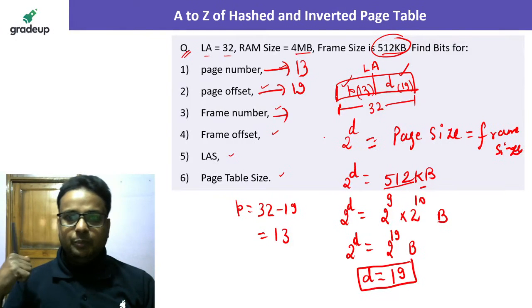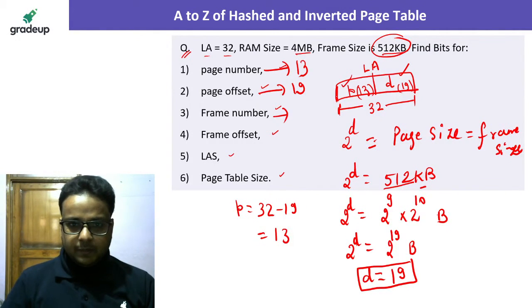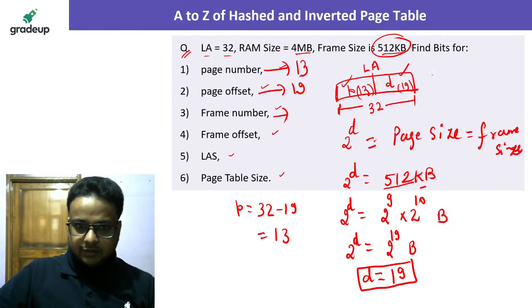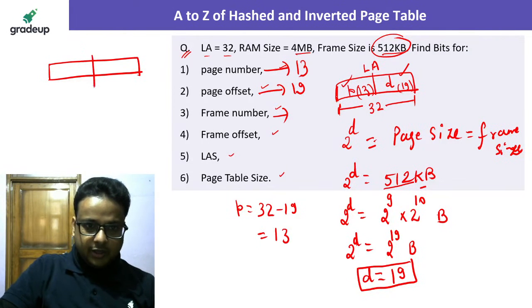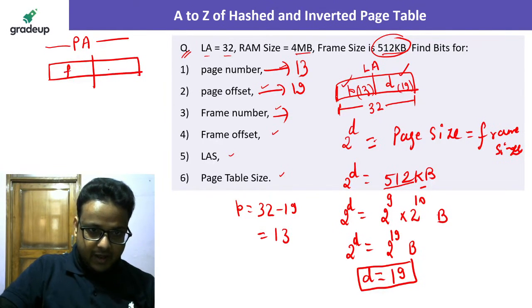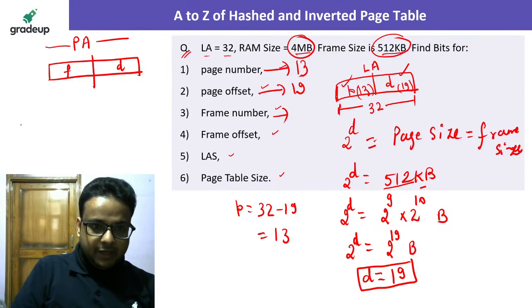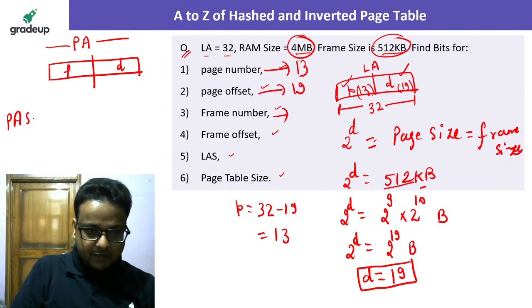I told you page size and frame size both are equal, and also they have given the physical address. The physical address is divided into two portions, that is F and D, and the complete physical address space they have given is 4 MB.